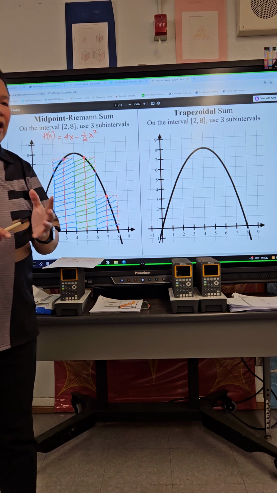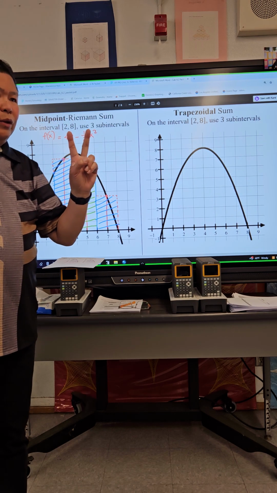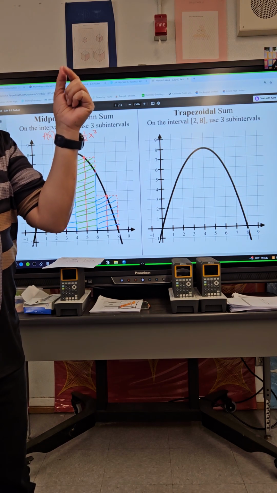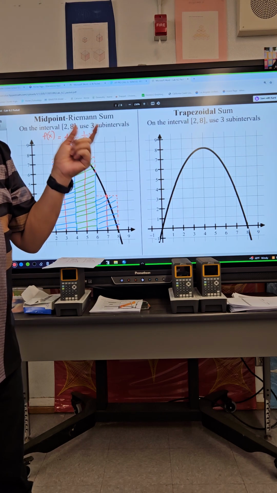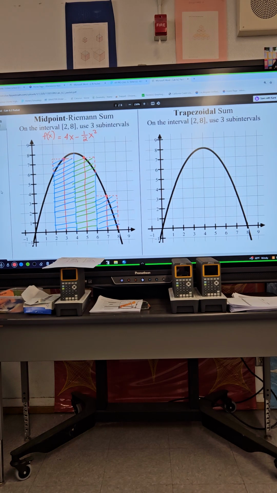So, can you now take a look at the width? What is the width? 3. Are you sure? The width is 2. Where did we get 2? 8 minus 2 equals 6, divided by sub-intervals 3. So 6 divided by 3, and you have the width of the rectangle. Okay, can you now plug in the equation?